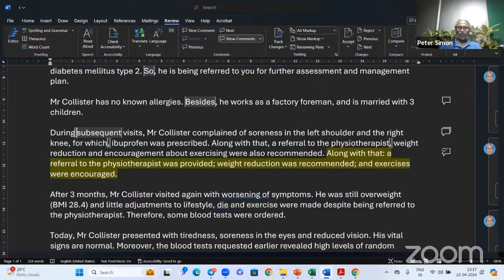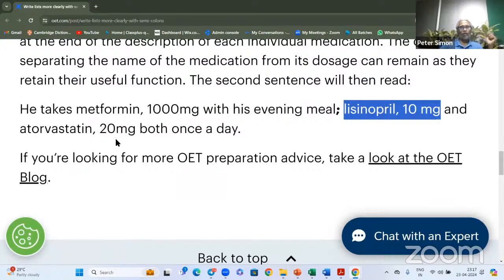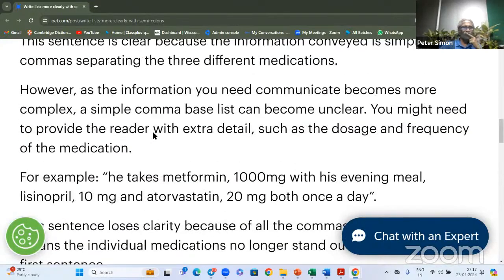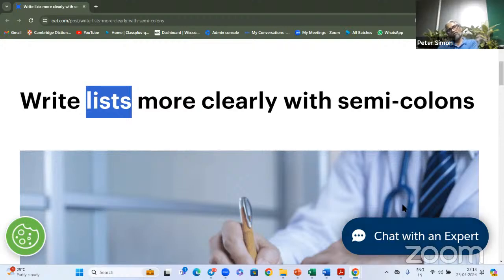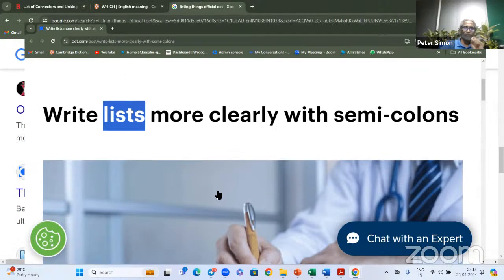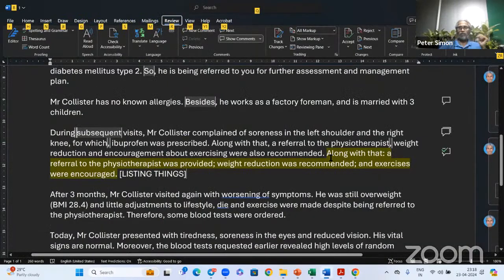This is called a listing. So writing lists, making lists or writing lists using semicolons. Yeah, that is a quality sentence.